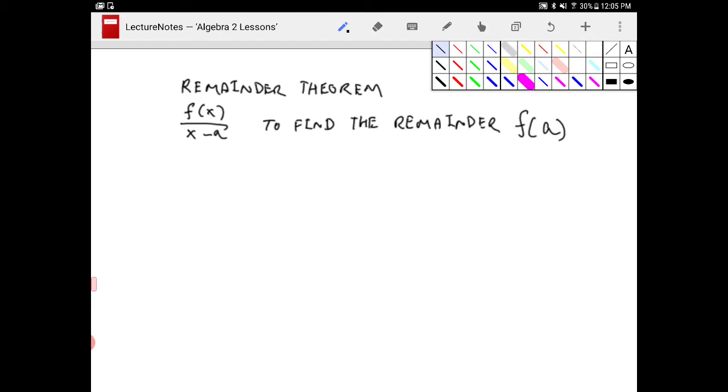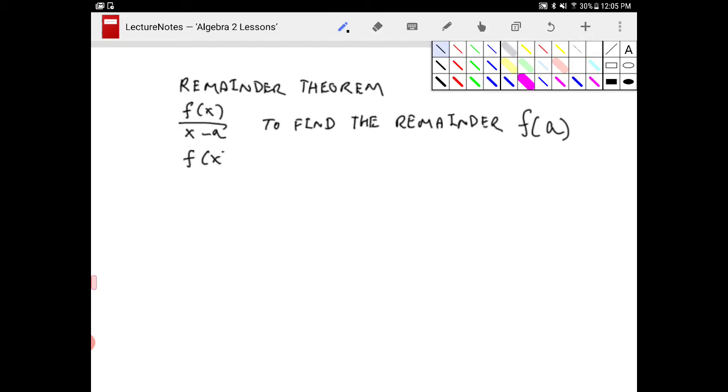That's all it is. f of a will equal the remainder. Let's say I wanted to divide my function by x plus a, then the remainder will equal f of negative a.